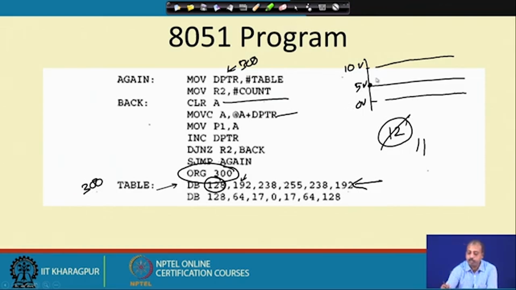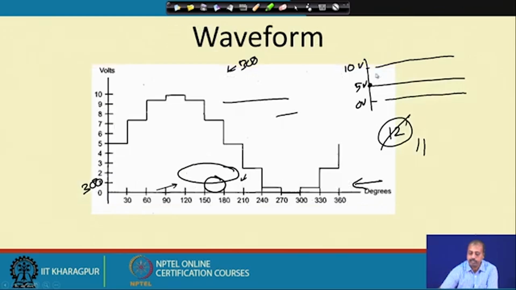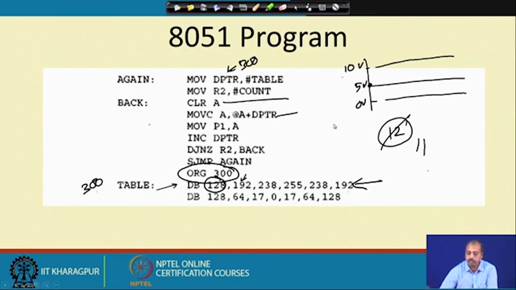So it will be somewhere here, rising like this. It will grow and come to this point, so you get a step like this. We will try to approximate this sine wave. In successive steps it will go to this 10 volt and then start coming down. In successive steps, that approximation will be done.